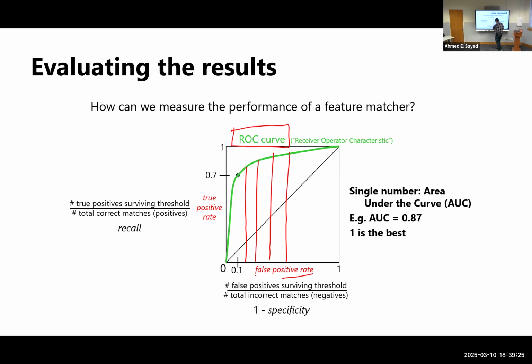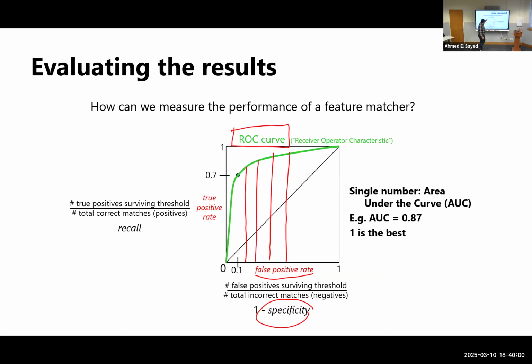The false positive rate here, we call it specificity. It's hard to pronounce. Specificity. This true positive rate, we call it recall. And this curve, which is a function between the false positive rate and the true positive rate, is called the ROC curve.